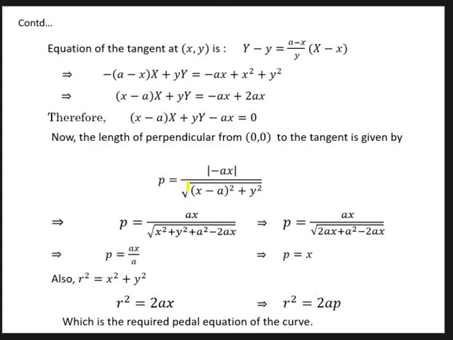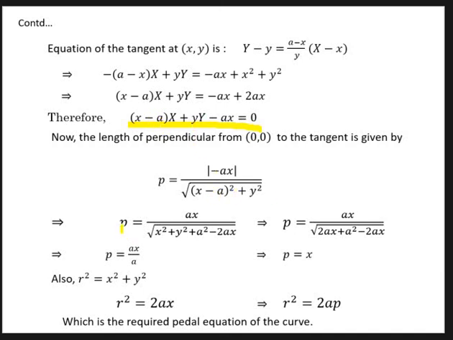Hence the denominator is root of x minus a whole square plus y square, and the c value is minus ax. See, by comparing this equation with aX plus bY plus c, we get the c value is minus ax, the a value is x minus a, and the b value is y.